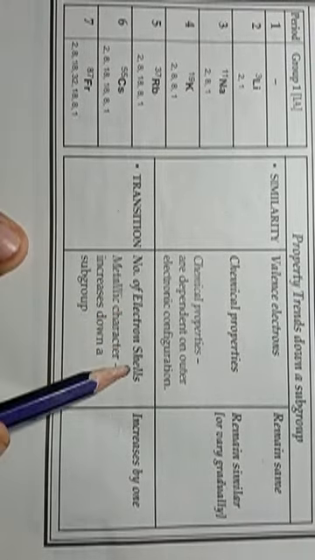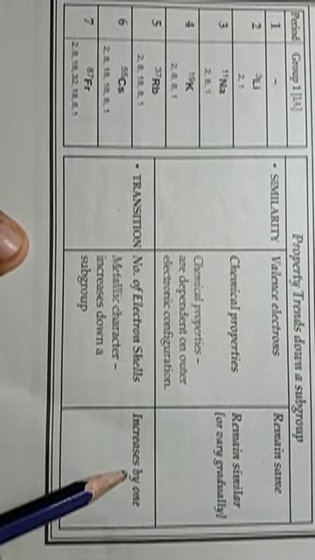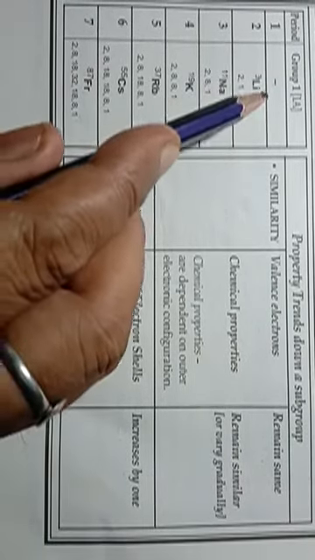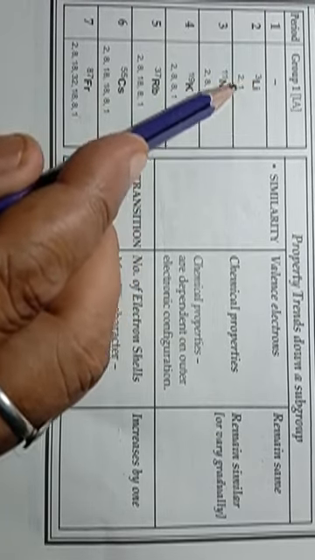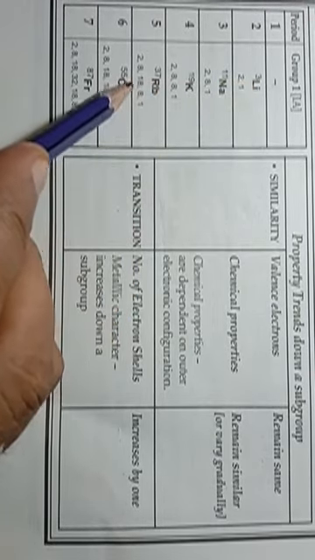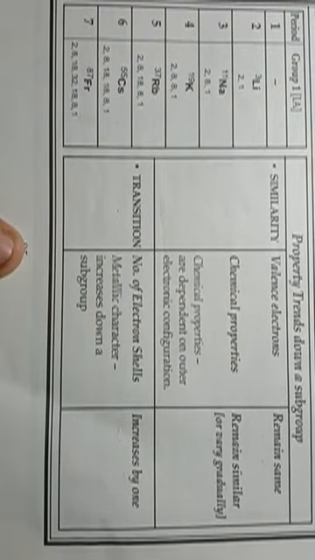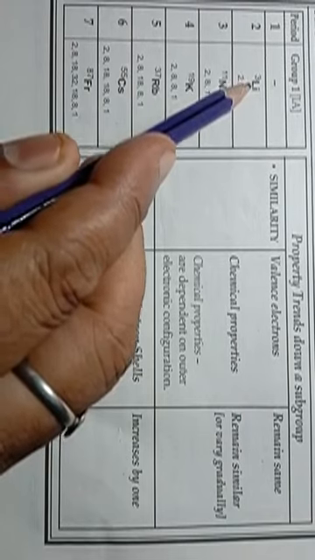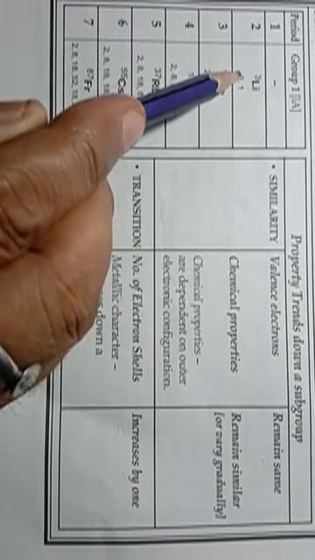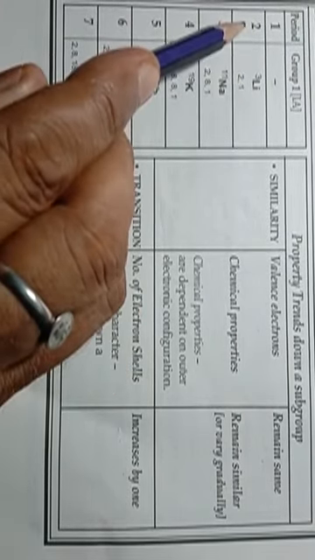The number of electron shells increases by 1. From top to bottom in a group, the number of electron shells increases by 1 with an increase in period number. As you can see, lithium has a total of 2 shells, and that is why it belongs to period 2.